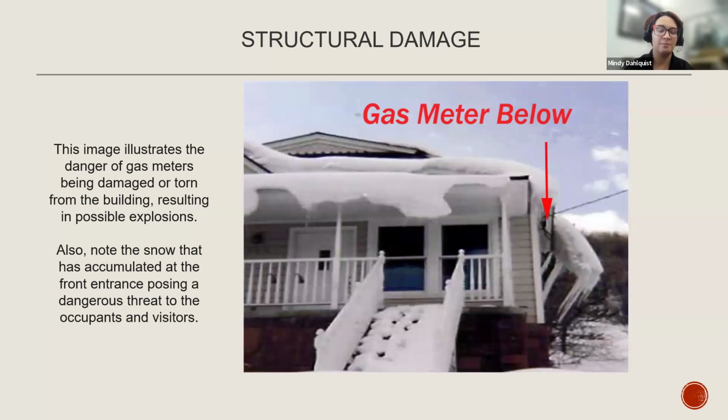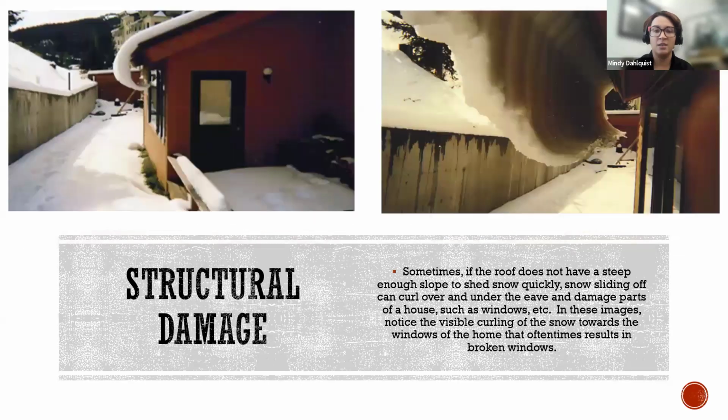This is a situation that did happen in Canada where the snow shed off the roof of a home onto the gas meter. The homeowners went out, took a look at everything. Everything looked to be physically okay, so they went on with their life. And 3 days later, luckily there was no one in the home at that point, their home did explode. So that's just something that is very serious and needs to be taken into consideration as well.